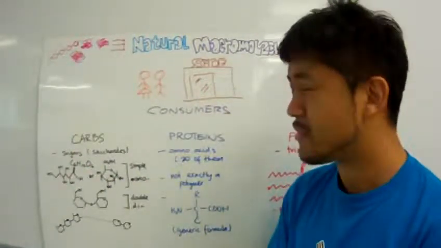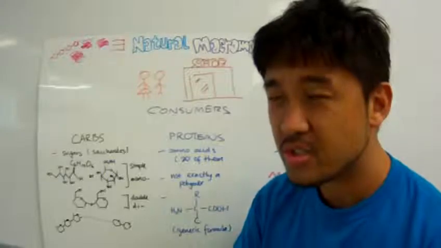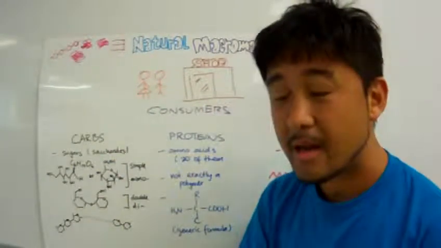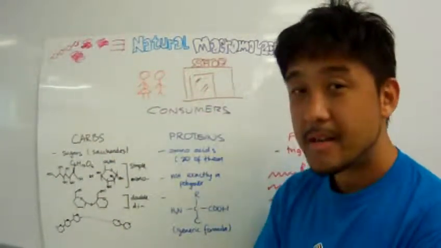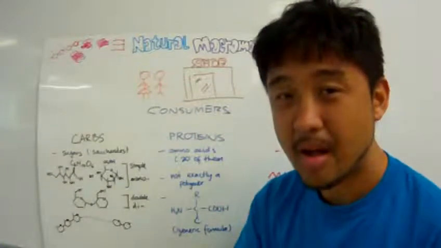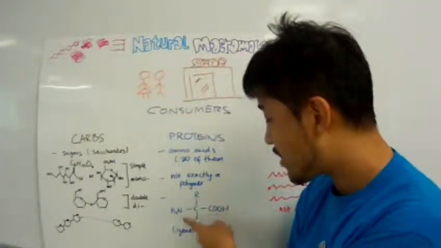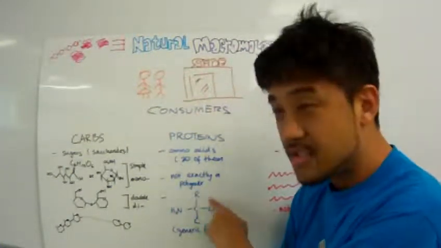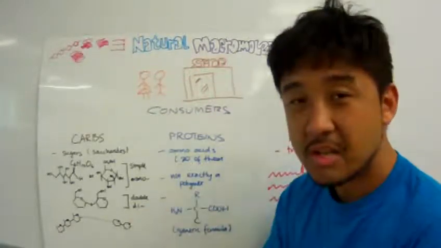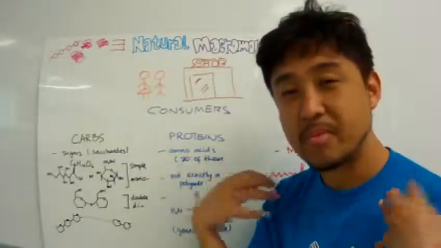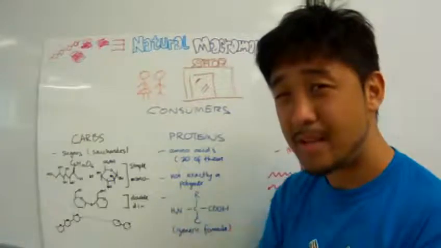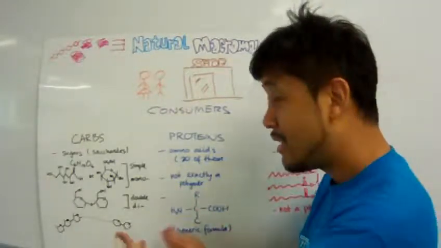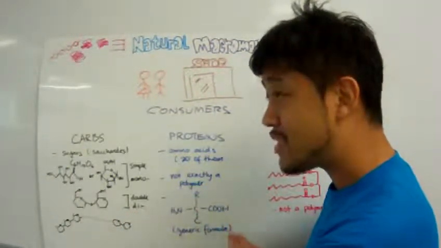Now it depends on who teaches you proteins. Some people will say they are polymers because of this generic formula where R is the only differentiating factor. Other people like me say they are not polymers because they are not repeating units of the same stuff.